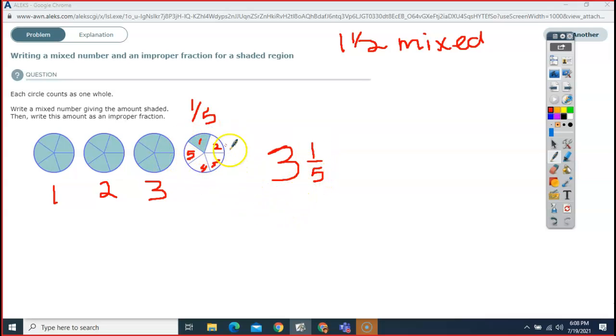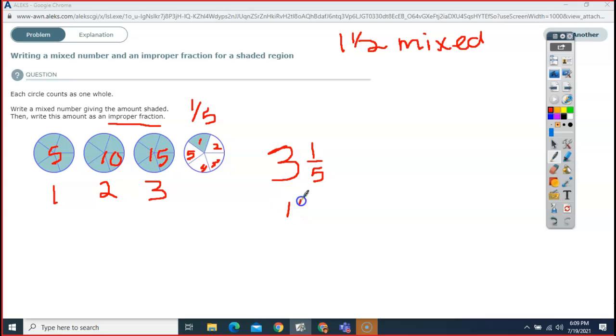I hope this is the part right here that everybody gets confused. How do I know how to shade this? Well, it makes sense if you say 1 out of 5. But now here comes the improper fraction. I have 5 cuts in each one of these circles. If I were only going to count the shaded parts, this is 5, 10, 15, plus 1 more.